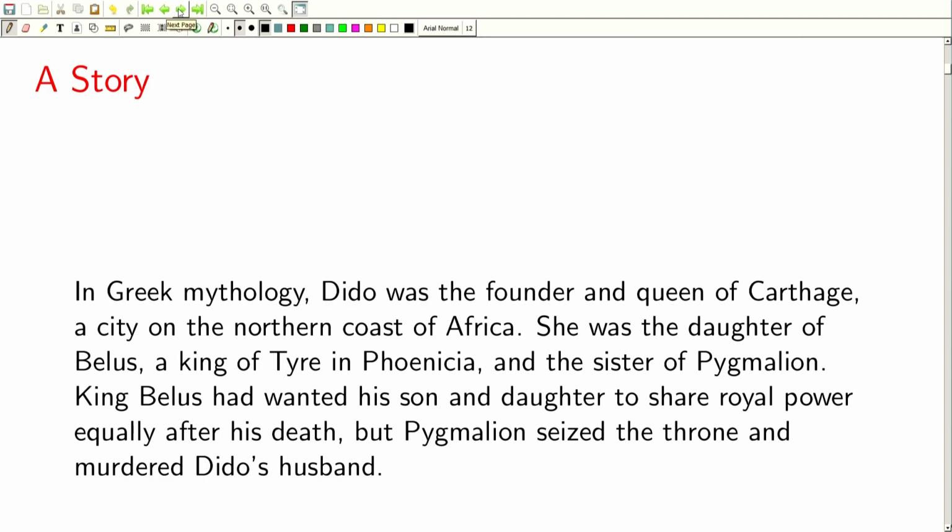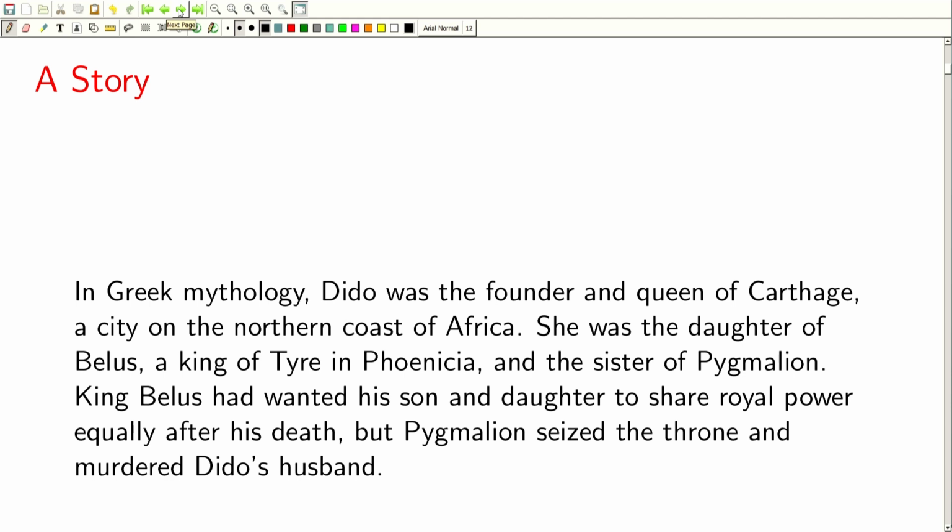In Greek mythology, Dido was the founder and queen of Carthage, a city on the northern coast of Africa. She was the daughter of Belus, a king of Tyre in Phoenicia, and the sister of Pygmalion. King Belus wanted his son and daughter to share royal power equally after his death.